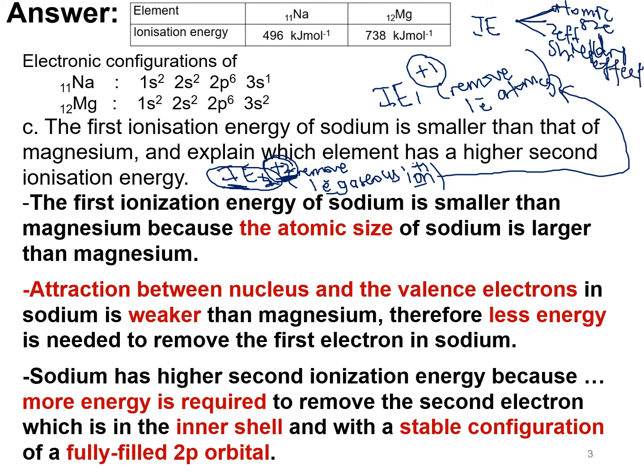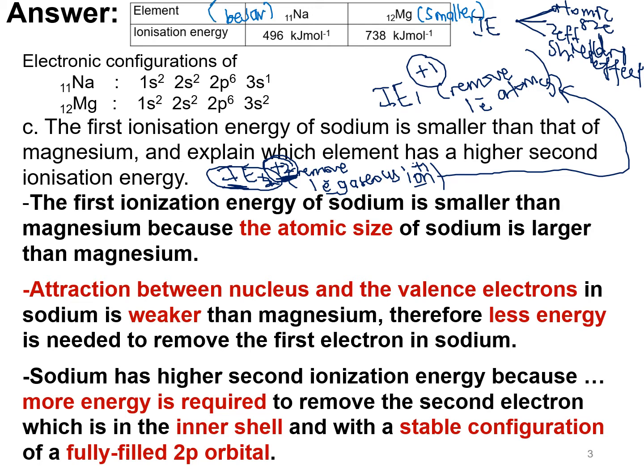So, tadi kita dah bincang earlier dekat soalan B, we know that size of Mg size dia actually kecil kan? Magnesium smaller than sodium. Sodium size dia besar. Okay.